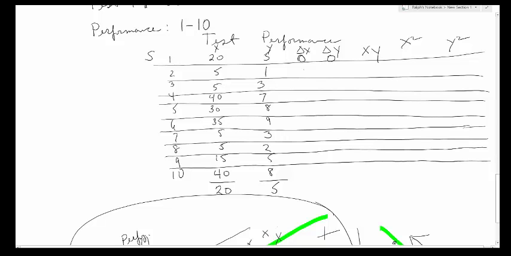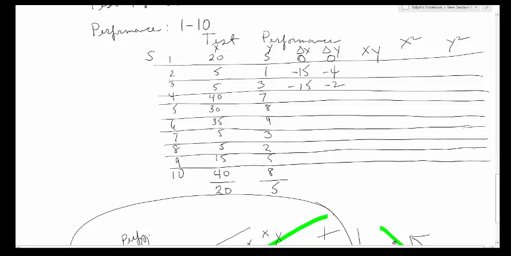For the second one, the difference is between 5 and 20, or minus 15, and the difference in the second is 1 minus 5, and that difference is minus 4. With the next, the difference is again 15, and the next one is 3 minus 5, minus 2.